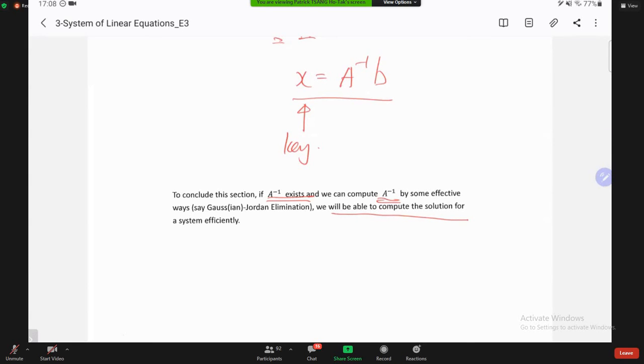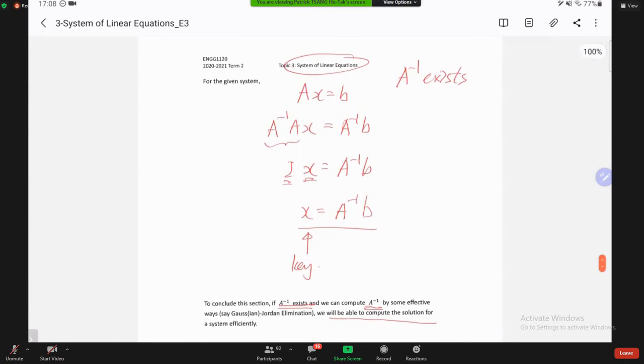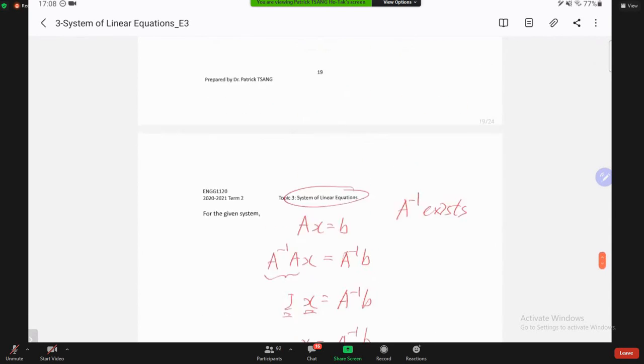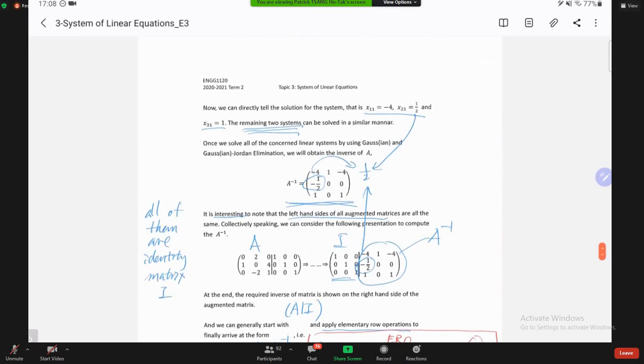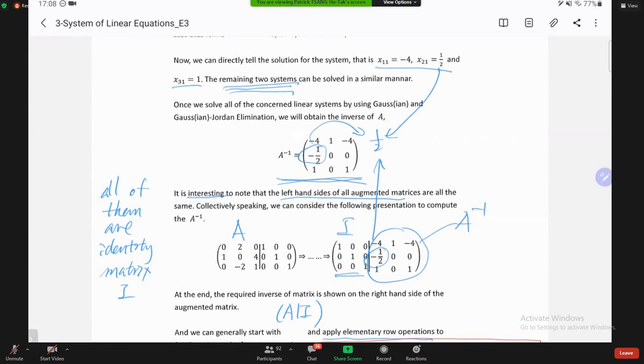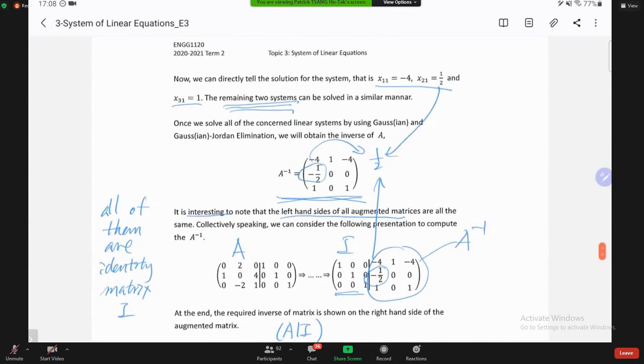All right. For this part, I didn't provide you with any particular example, because we use it as a discussion. We also use it as an illustration of how to arrive at the Gaussian-Jordan elimination, and how to arrive at the inverse matrix A. I hope you still remember there are two more linear systems to be solved here.